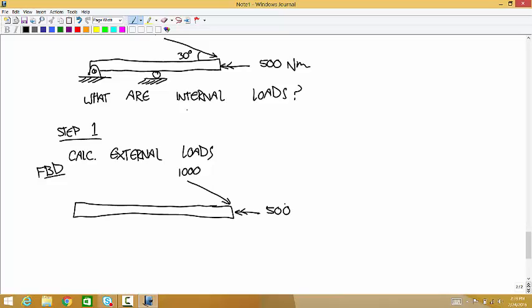Torque of 500 there. And now we have to think about what these joints do. We did this stuff a lot in statics. There's one difference now. We have to think about whether these joints apply a torque along the x-axis. So that's a new thing we have to think about.